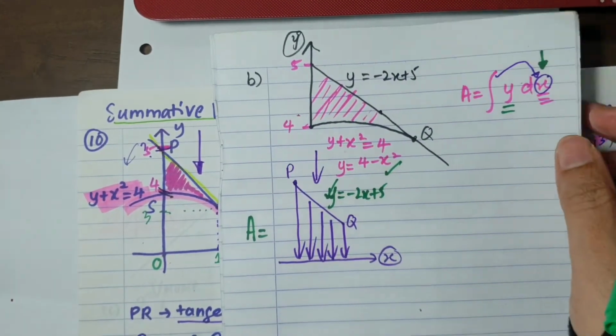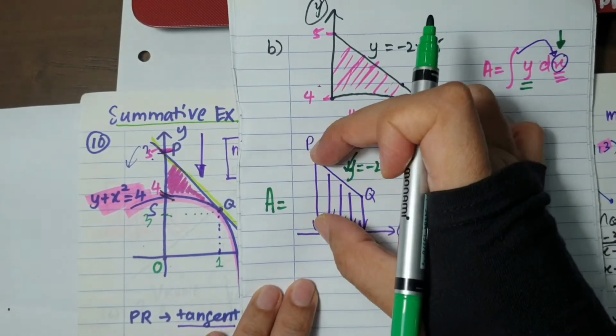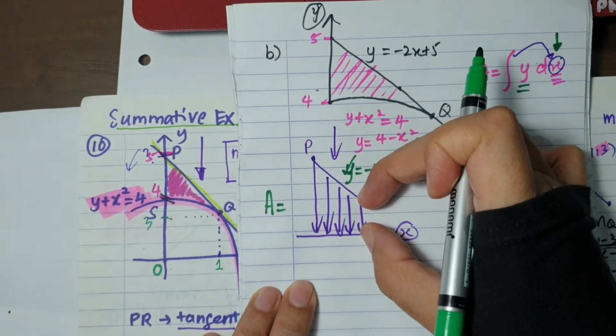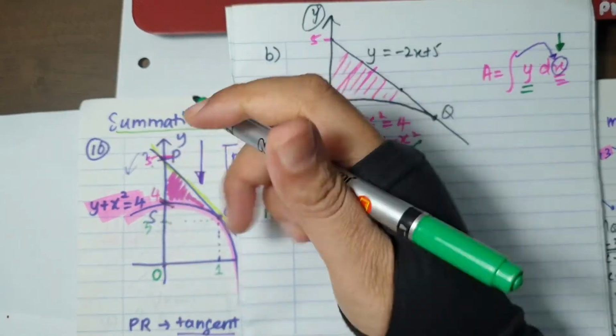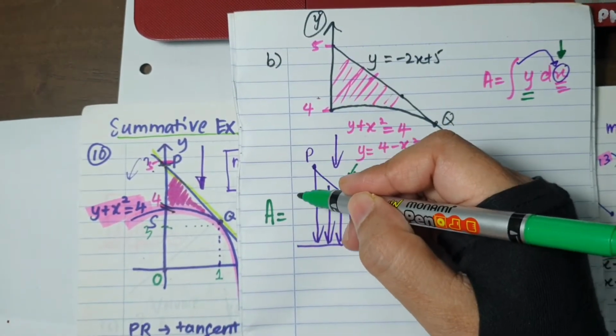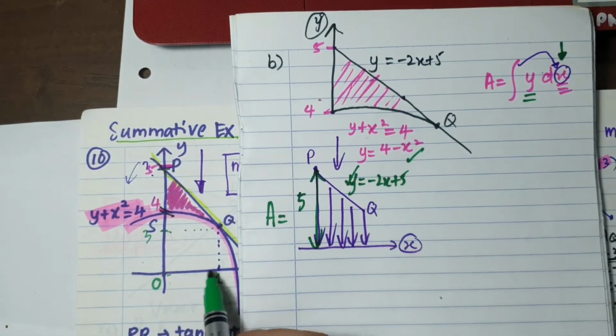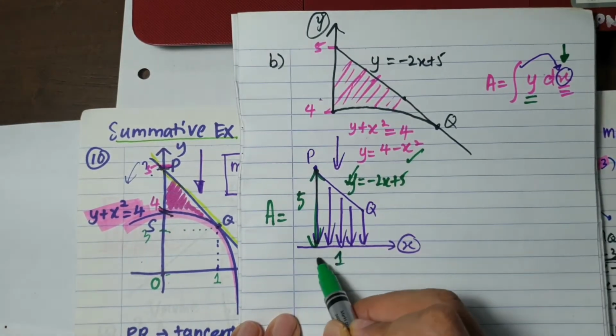It's not wrong. Tapi buat apa nak buat benda yang menyusahkan? Okay, so tugas kita kena tahu length ni dengan ni. Okay, tinggi ni, height dia 5. Here to here, tadi kita dapat sini 5, so maknanya tinggi ni adalah 5.